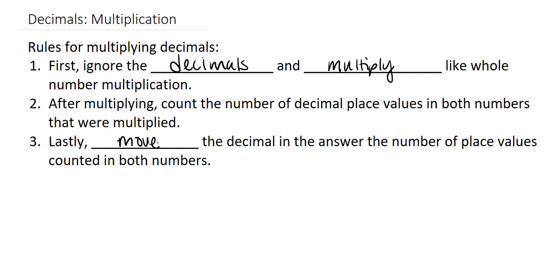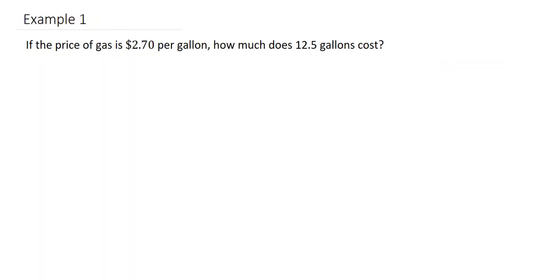So let's go over an example to show this. Example 1. If the price of gas is $2.70 per gallon, how much does 12.5 gallons cost? So we could put either number on the top because they both have 3 digits.